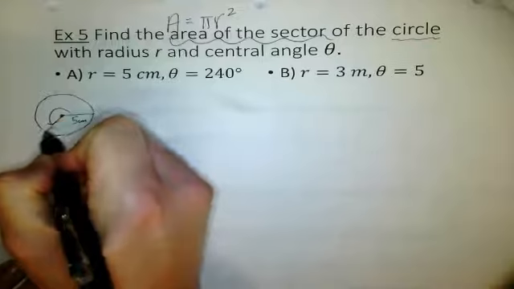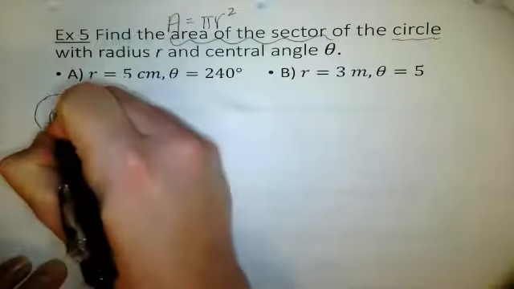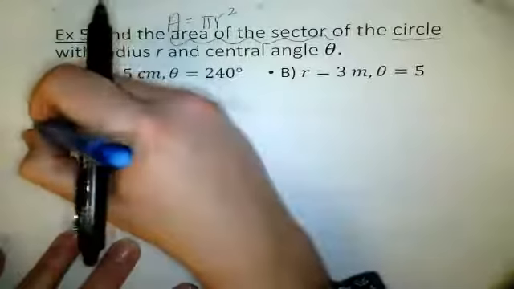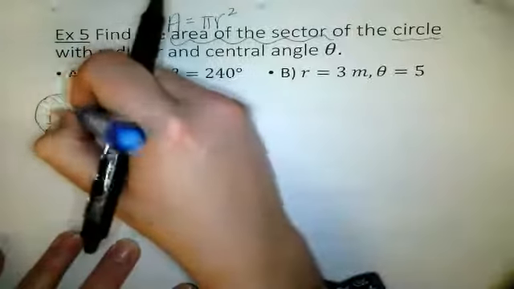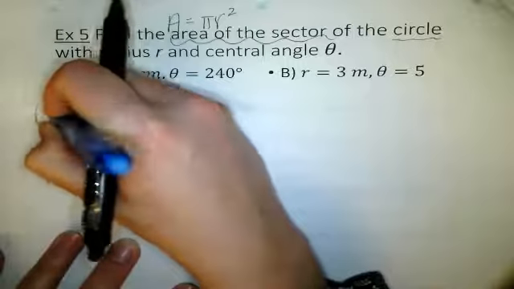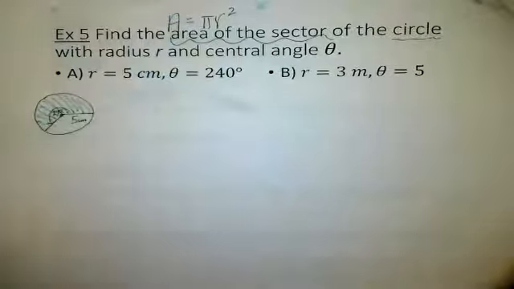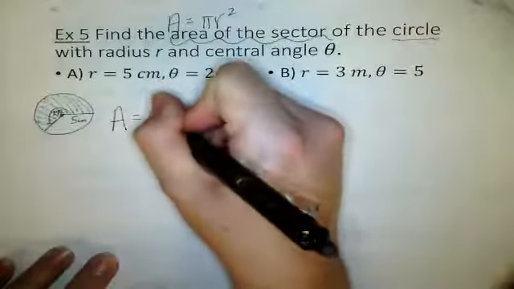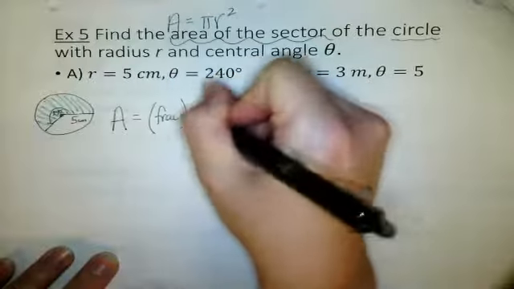It's about there, I think. And what we want to do is find the area of that sector. So we want to find this whole area, not the whole circle, but simply a fraction of the area.